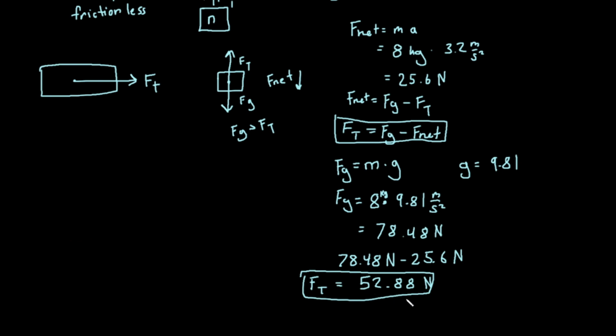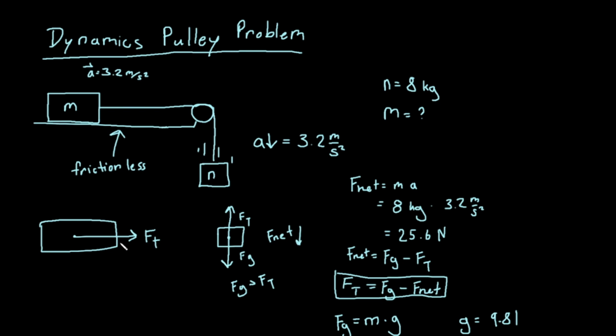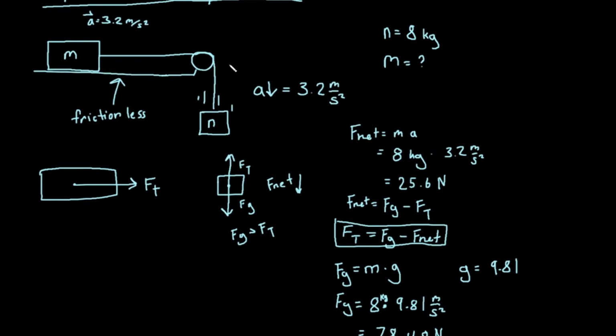Now, since 52.88 newtons is our force of tension, we can go back to here and say that the only force acting on mass m is the force of tension, which, since they are connected by the same string, the Ft here will equal 52.88 newtons. Since the vertical components are balanced, since there's nothing happening vertically, Fnet has to be equal to 52.88.